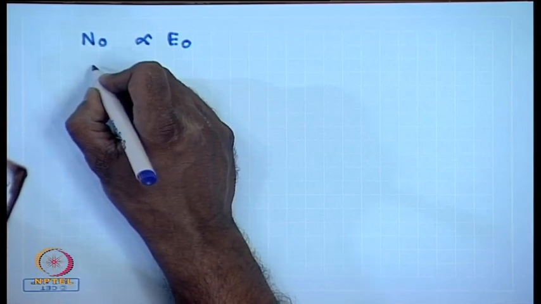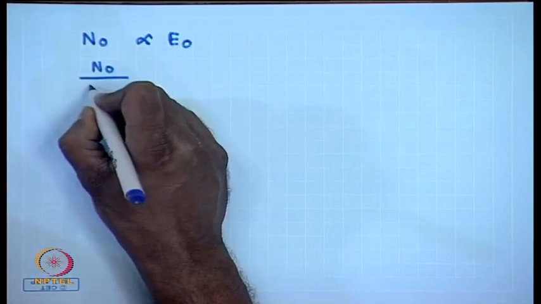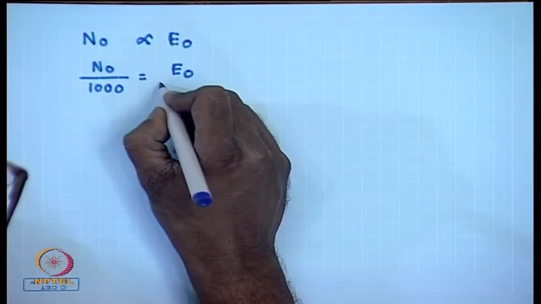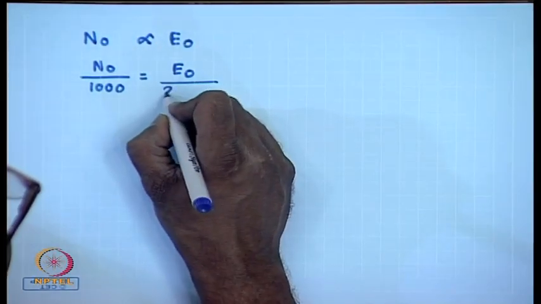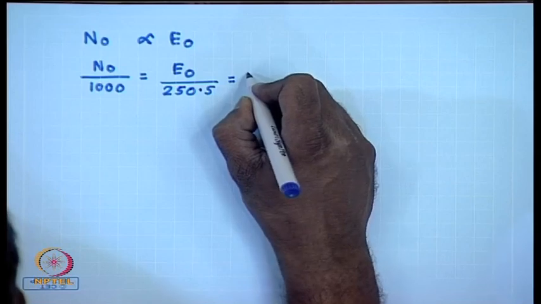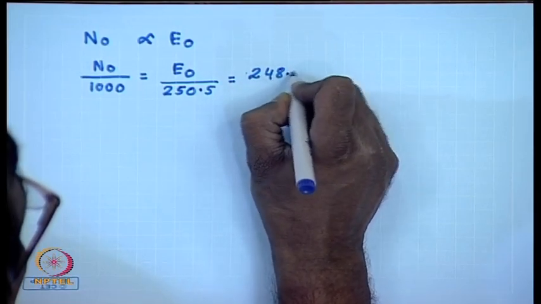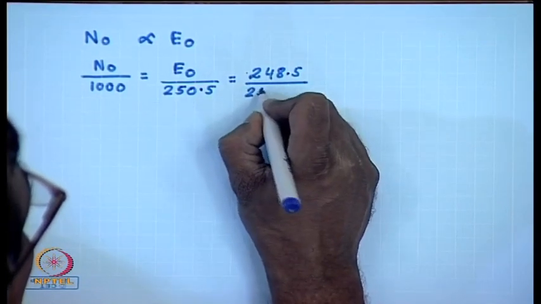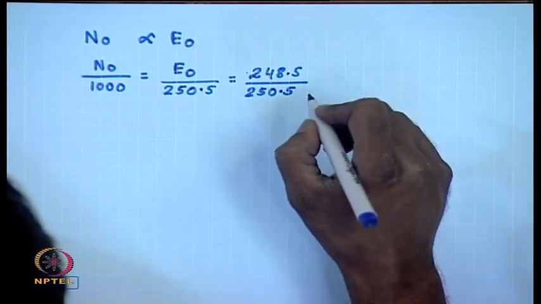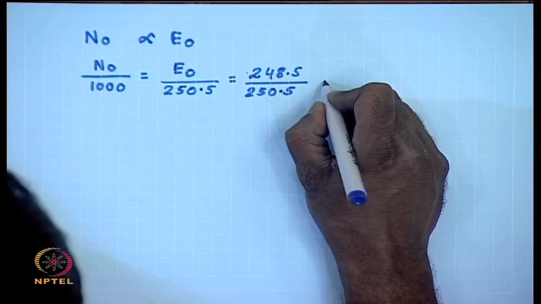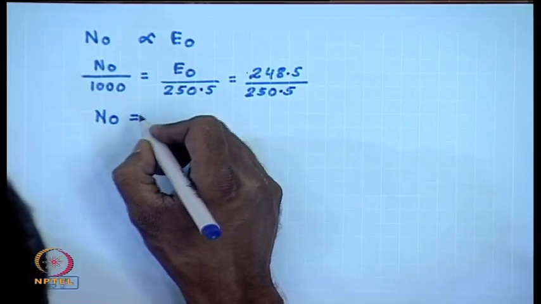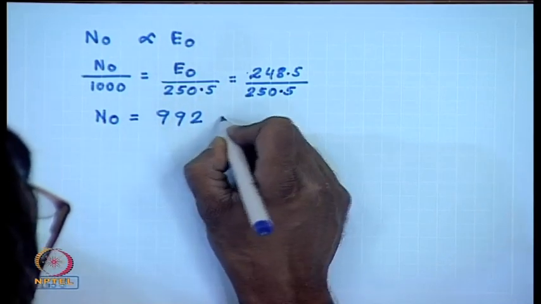So, N0 by 1000 rpm equal to E0 by the back EMF at 1000 rpm, that is 248.5 by 250.5. So, N0 from here we get as 992 rpm.